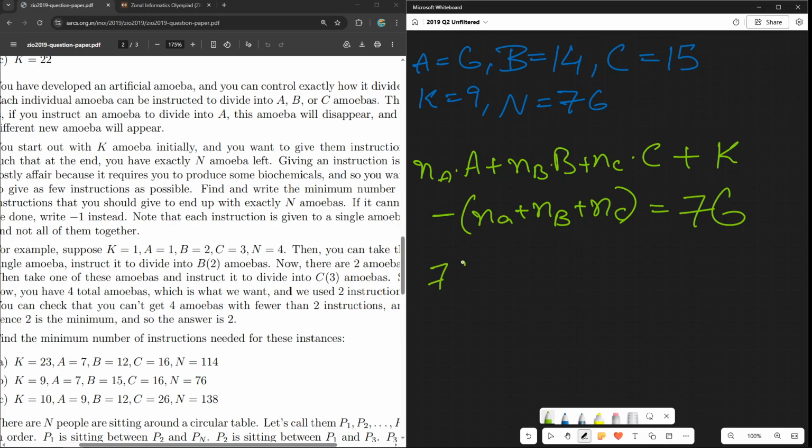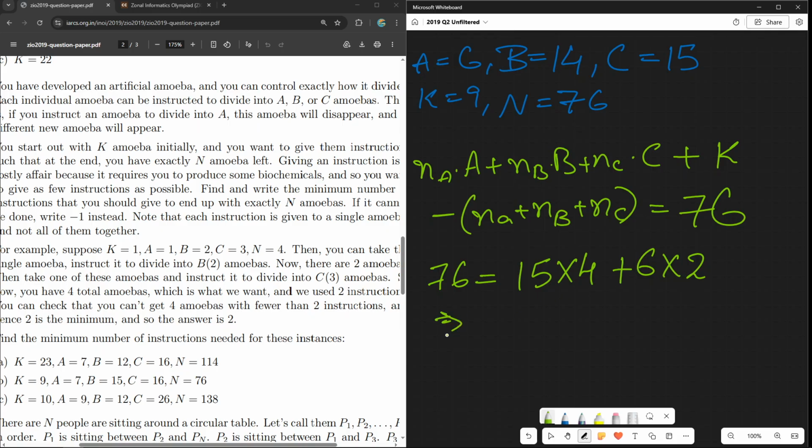76 can be written as 15 into 5, sorry, 15 into 4 plus 6 into 2, that will be, 6 into 2 is 12, right?